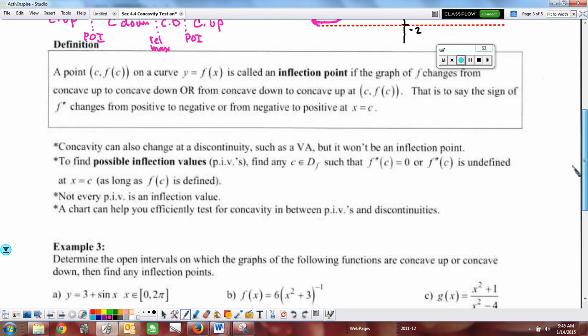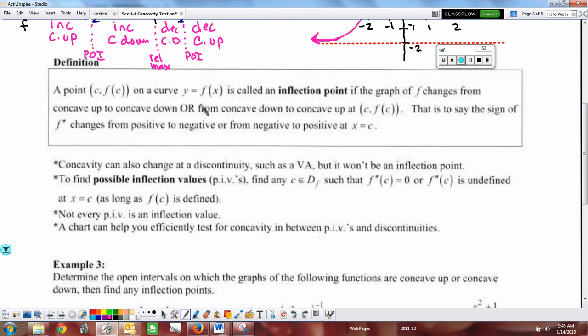All right, so again, definition of point of inflection. It's called an inflection point if the graph of f changes from concave up to concave down or vice versa at (c, f(c)). So the sign of the second derivative has to change from positive to negative or from negative to positive.